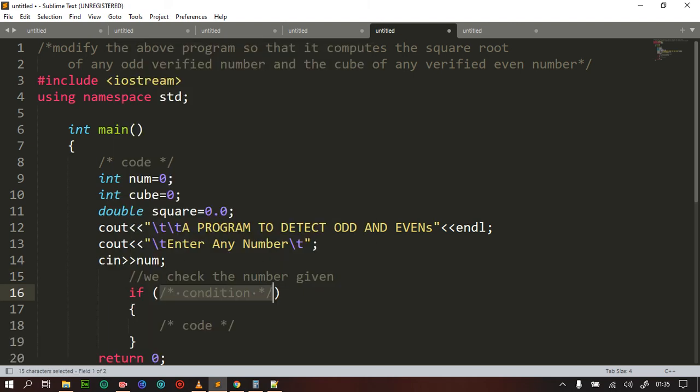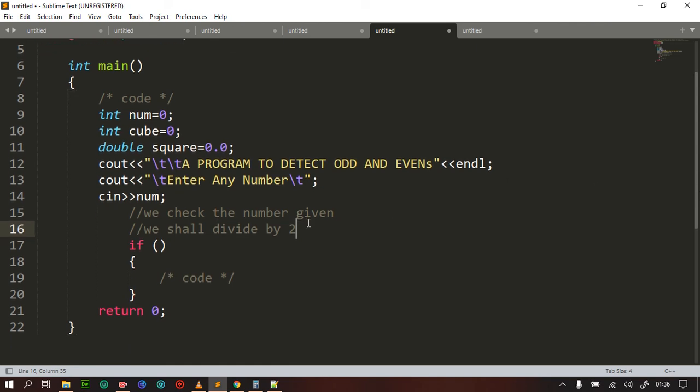We shall say if we check the number given, so we shall divide by 2. I remember we had an algorithm in our beginning episodes which was helping us to understand pseudocodes. So here we are, and we are trying to implement the concept that we previously talked about. If you remember very well, we talked about the modulus operator.